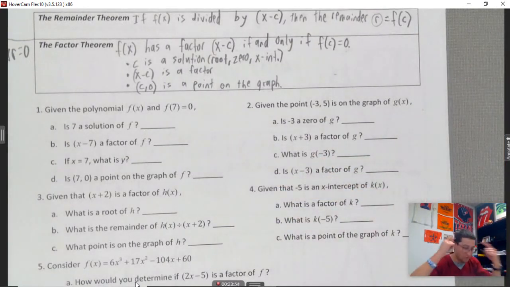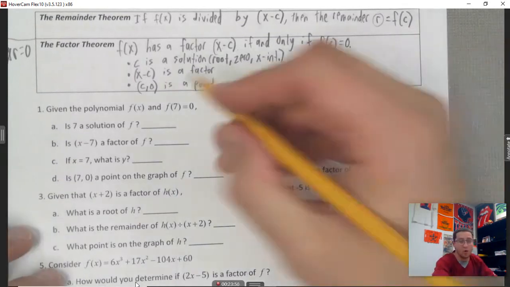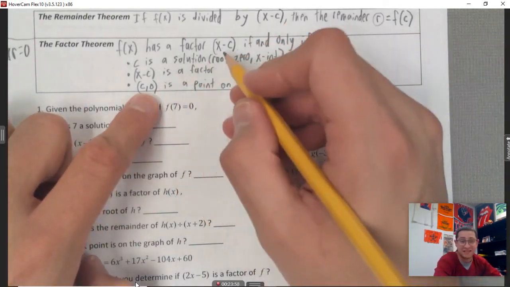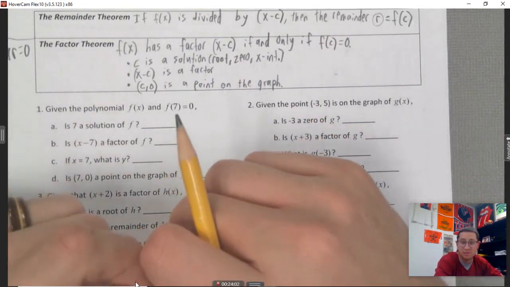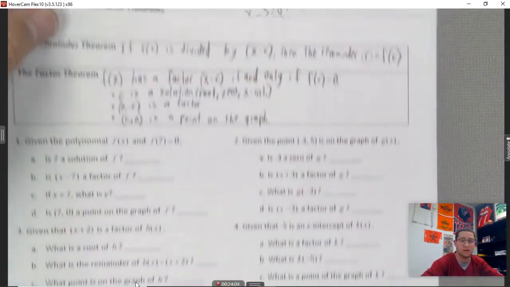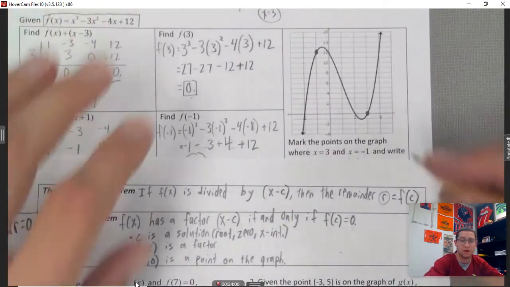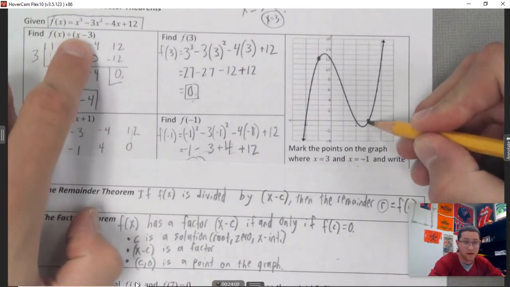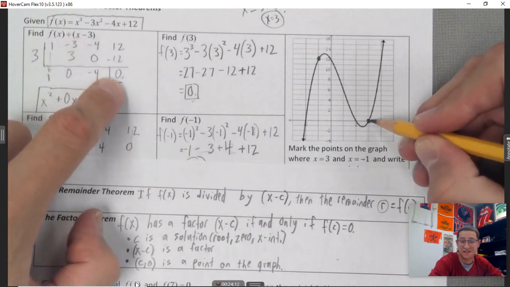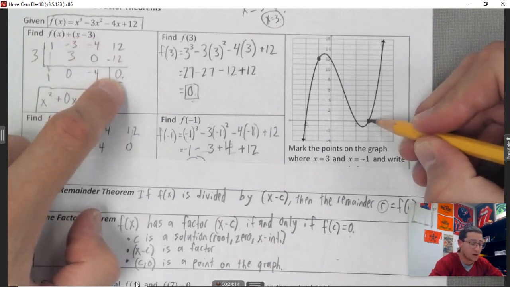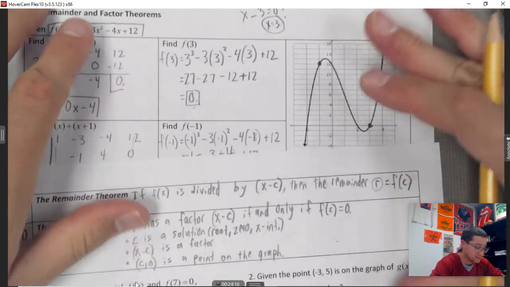Don't forget the picture. All this is saying is that c is on the x-axis. Just to remind you, with that 3, if I divide my polynomial by x minus 3, I get a 0. It intersects the x-axis. That's one point where I intersect the x-axis.